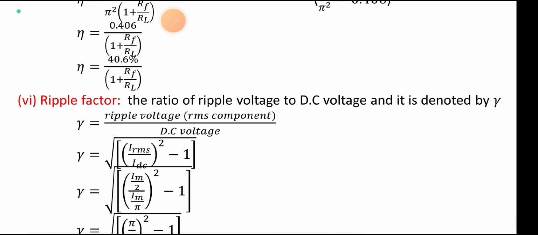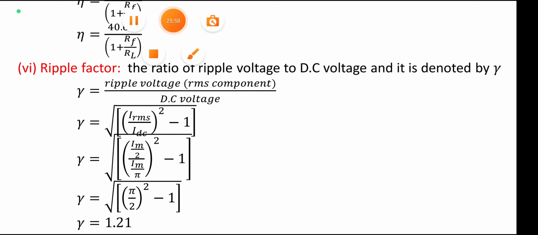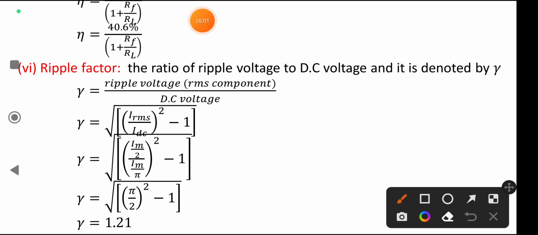Next, ripple factor. What is ripple factor? Ripple means how much AC is there at output. It is defined as the ratio of ripple voltage, meaning AC voltage, to DC voltage, and it is denoted by gamma. Gamma is equal to ripple voltage or RMS component by DC voltage. From this equation we can get this expression: gamma equals square root of (Irms by Idc) whole square minus 1. We know Irms is Im by 2 and Idc is Im by pi.